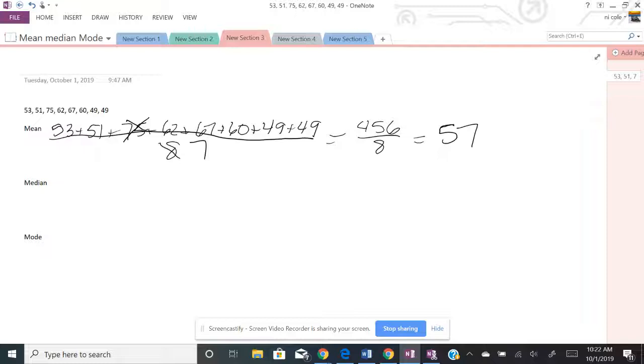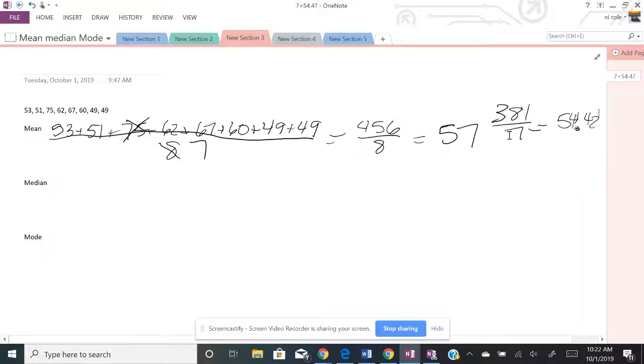Well, the sum without the 75 is 381, and you divide that by 7. So my mean would now be 54.42. Okay, so you can see it does affect my mean. It affected it by about 3 points.